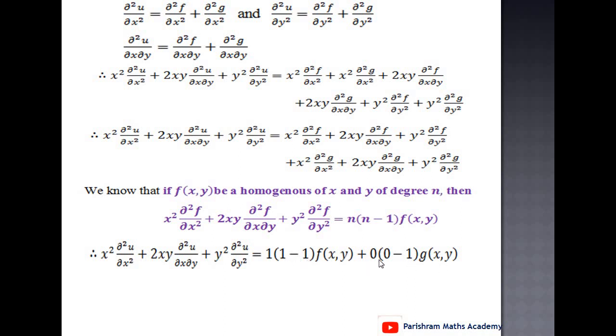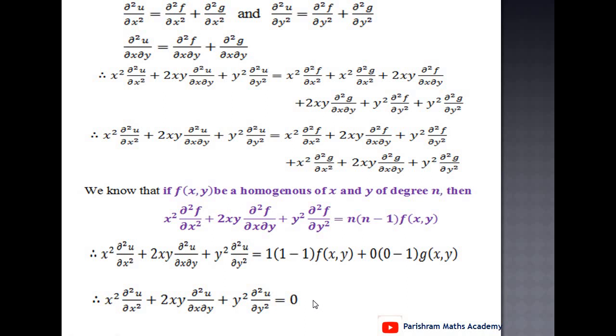Here 1 minus 1 is 0, and 0 into g(x, y) is also 0, so the total right hand side is 0. Therefore x² ∂²u/∂x² plus 2xy ∂²u/∂x∂y plus y² ∂²u/∂y² equals 0, which is the solution of the given example.